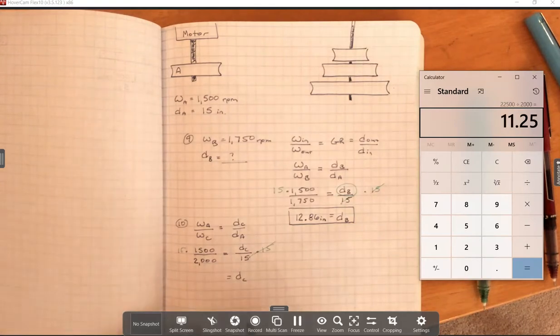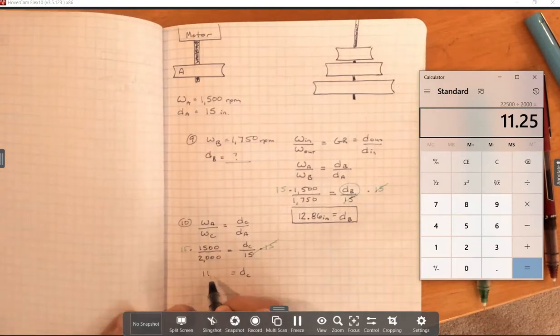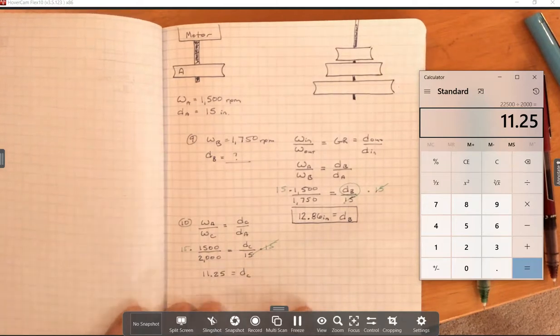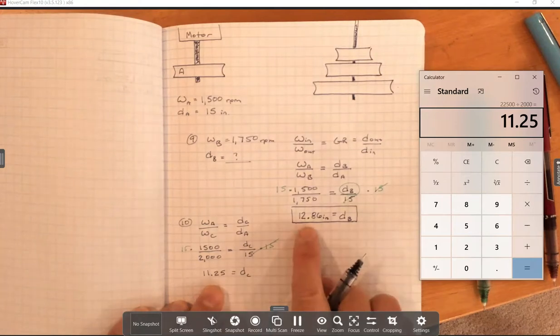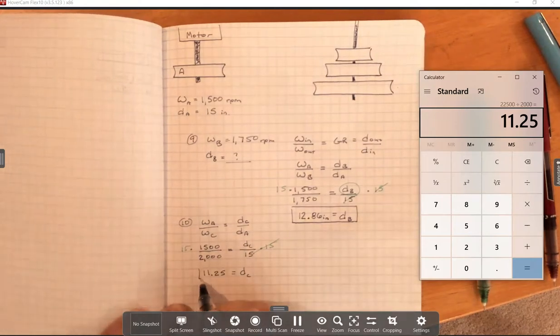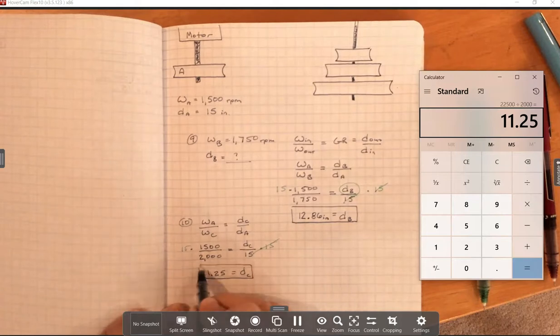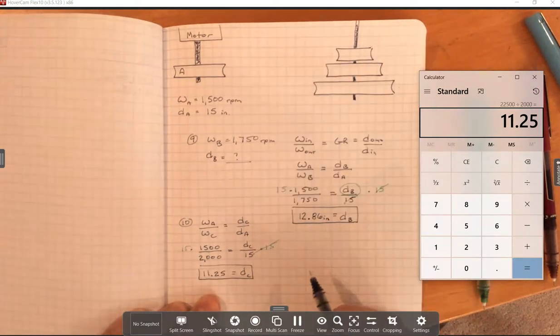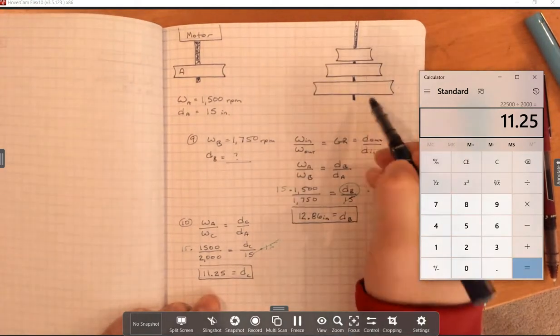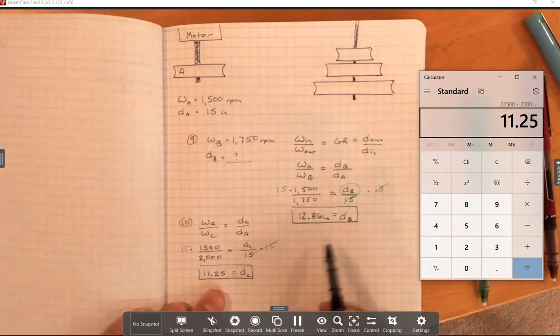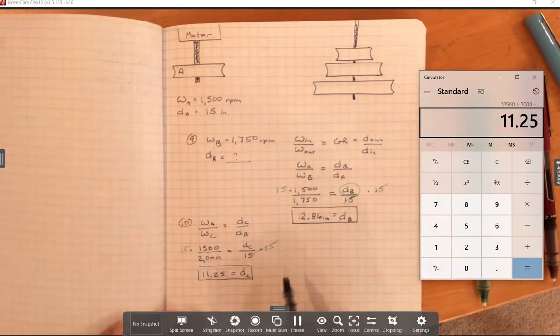We get 11.25. So that means that pulley C has to be smaller than pulley B. I might not have known in the beginning if I tried to guess which pulley is B, C, and D. Maybe I would have made the small one B, that C, and that D, but really, between those two, C's got to be smaller than B.